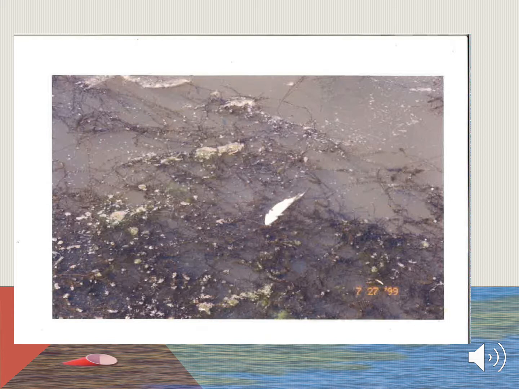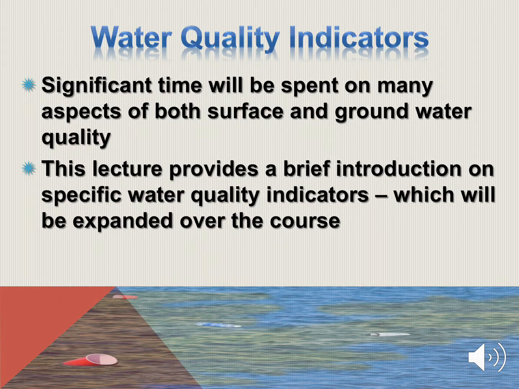So today, again, we're going to briefly talk about some of the water quality indicators that we will talk about throughout the course. As I introduce these indicators to you, you have to realize that significant time will be spent on many aspects of both surface and groundwater quality as related to these water quality indicators as appropriate.